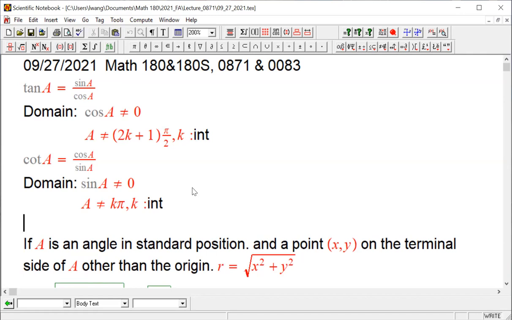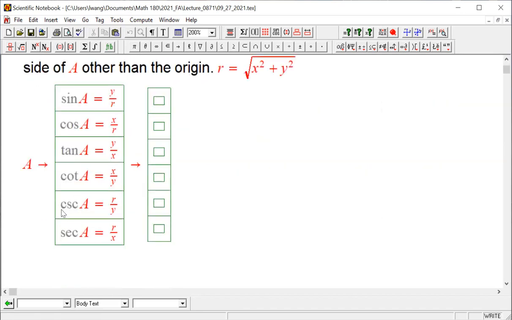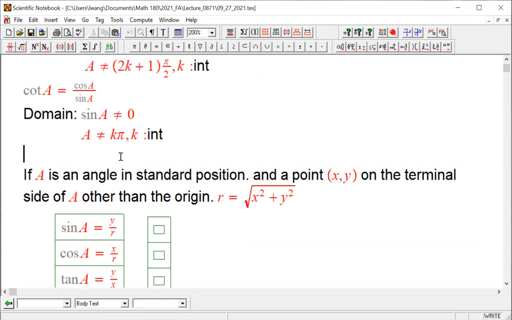How about secant and cosecant? From definition, cosecant, secant, we all know there's that relationship, right?